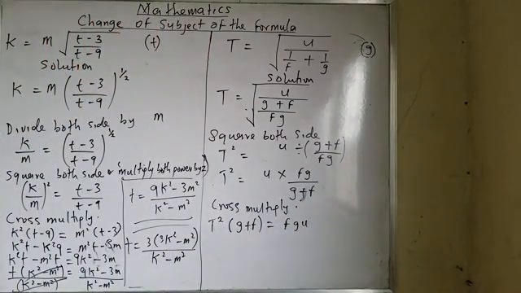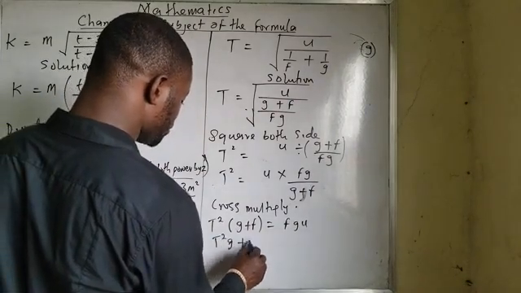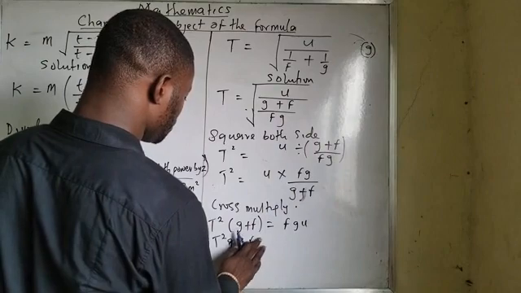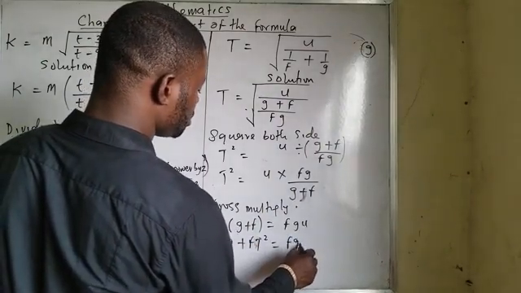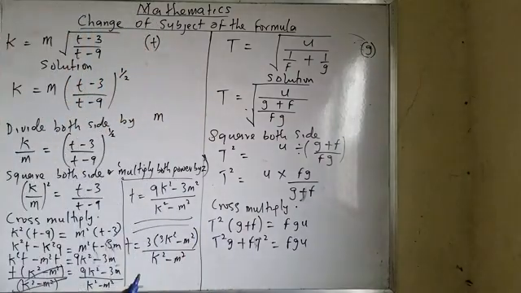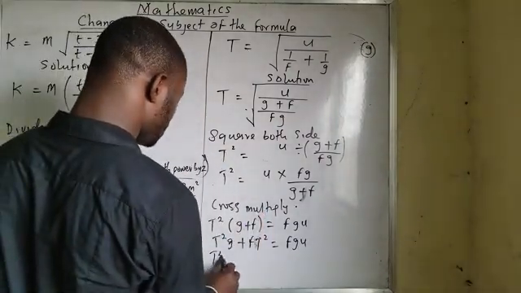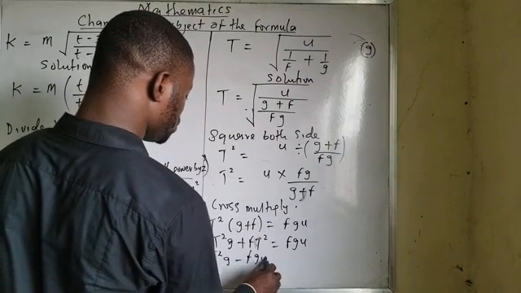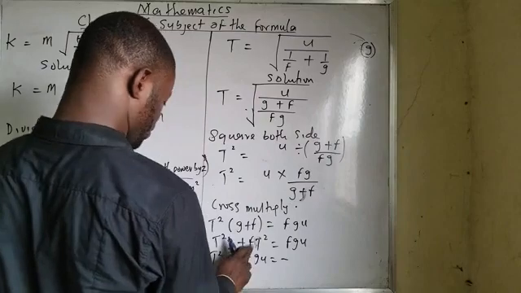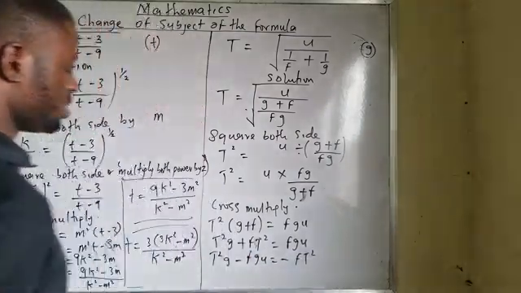Now, I open the bracket on this other part: T squared G plus T squared F equals FGU. Now, don't forget, I'm looking for G. It means collect like terms: T squared G minus FUG equals minus FT squared.